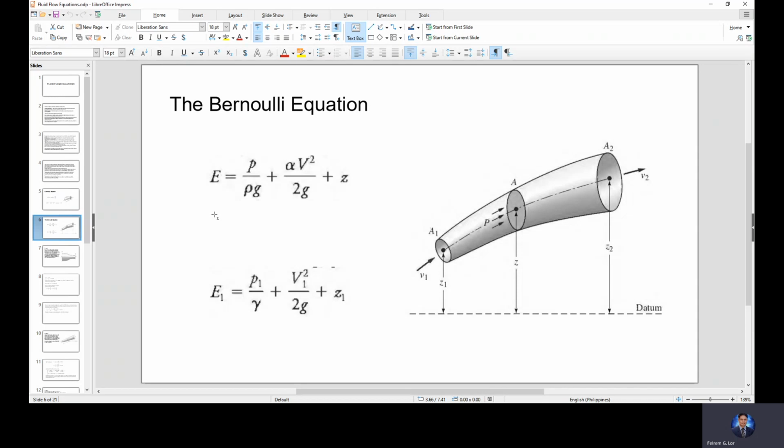We can express energy in terms of unit weight of the liquid. In such a way that we can express pressure over gamma, or in that equation, pressure over rho times G. We know that rho times G is equal to gamma. So pressure P over gamma plus alpha times V squared over 2G. Actually, alpha is just the kinetic energy correction factor.